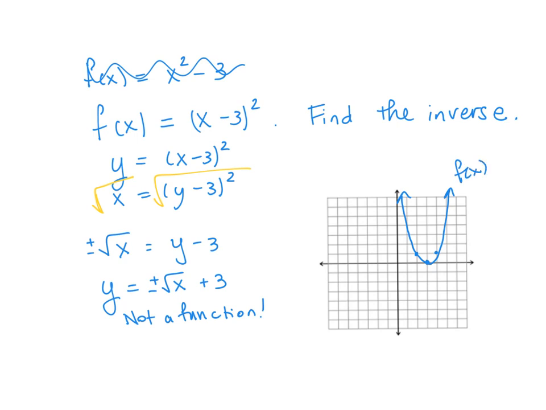So now let's plot the y equals x line. And let's reflect our points. Okay, so this point, 3, 0, is going to go to 0, 3. This point, 4, 1, is going to go to 1, 4.